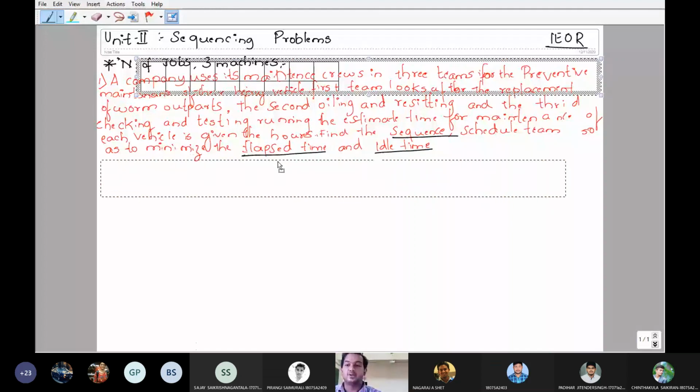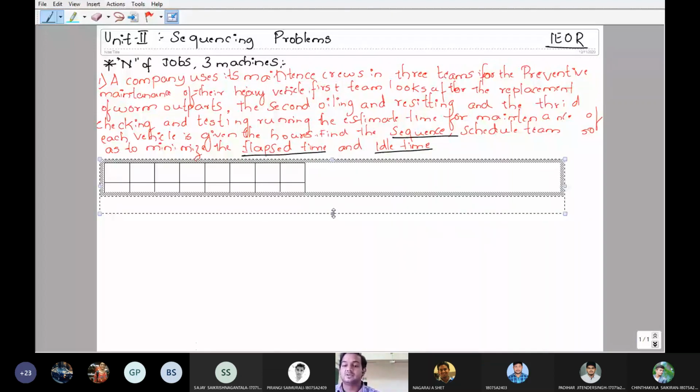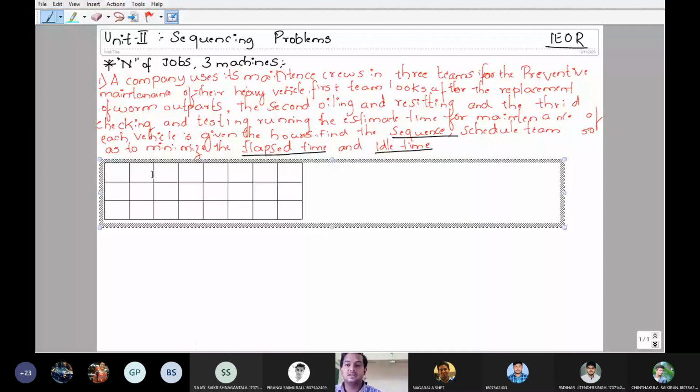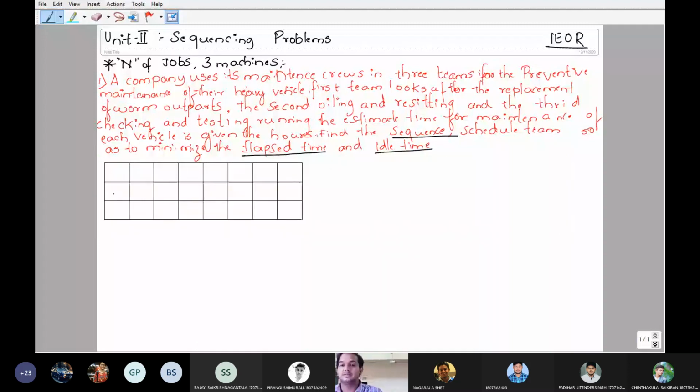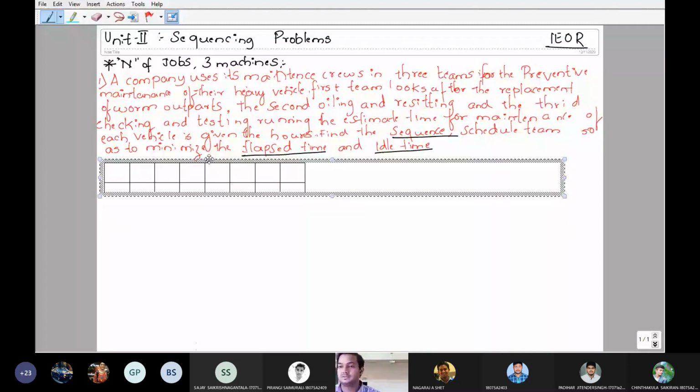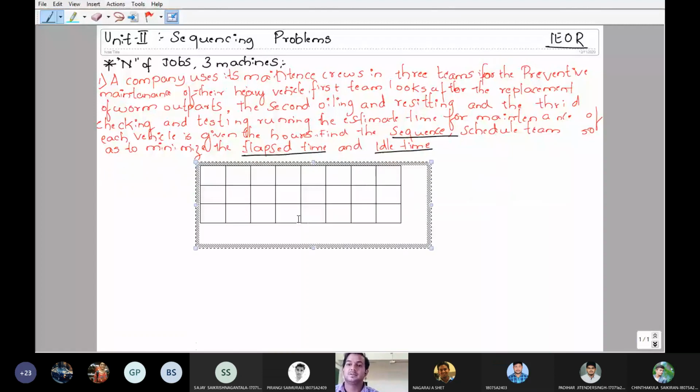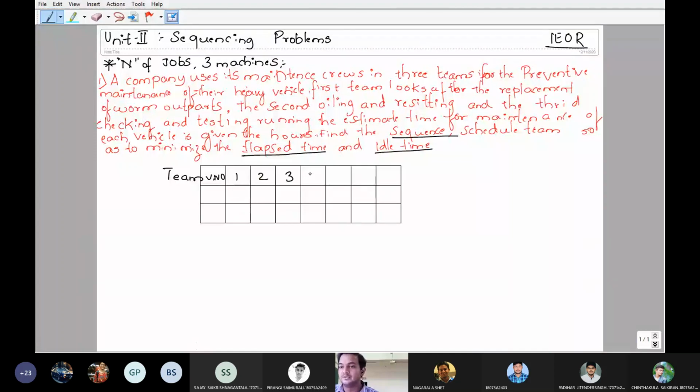Now you can see here that the first one is the team. What is given are the vehicle numbers, 1, 4, 5, 6 and 7.